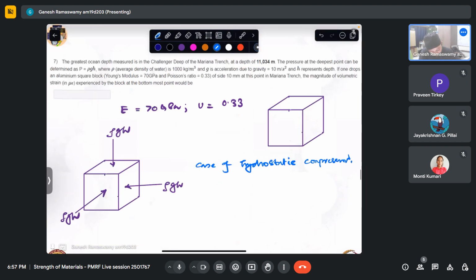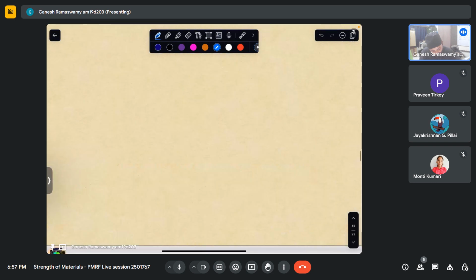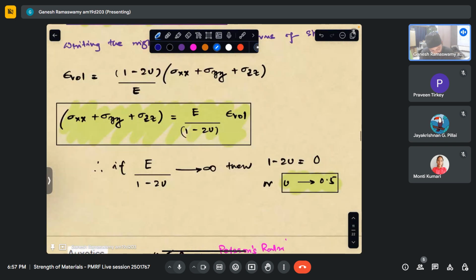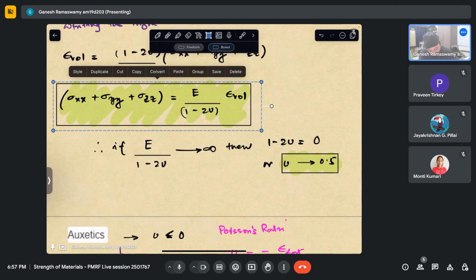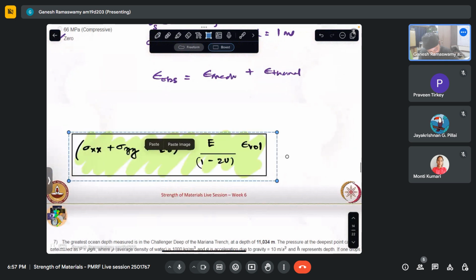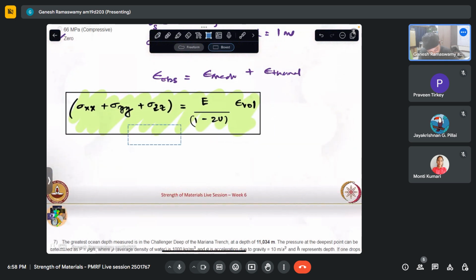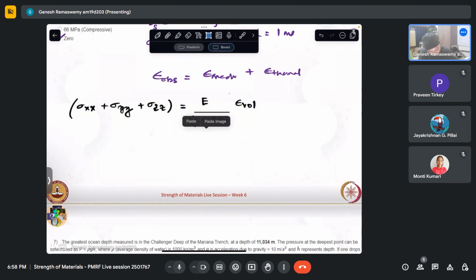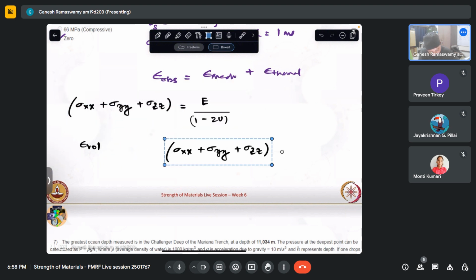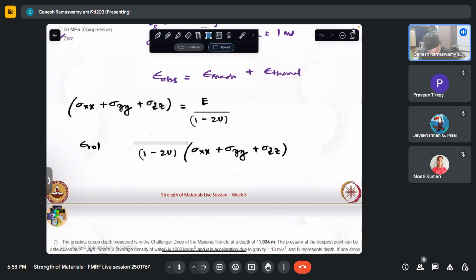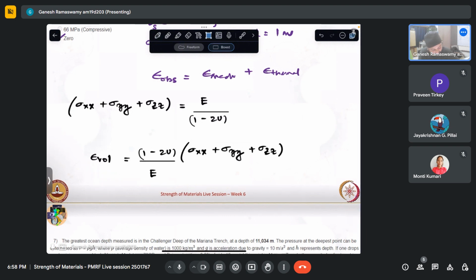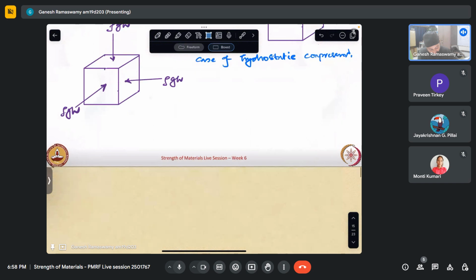Now the volumetric strain is asked. We had it here that the volumetric strain is this quantity times this by E. This is my volumetric strain.